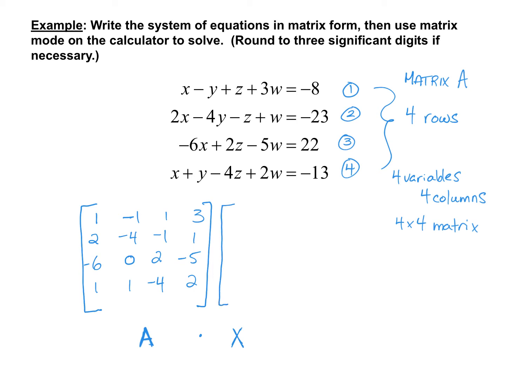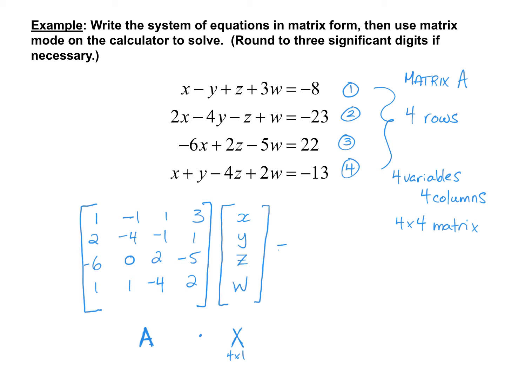So the variable's column vector is one vector with the number of rows equal to the number of variables. So this is going to be a 4 by 1 matrix. So we have our 4 variables in order, x, y, z, and w.